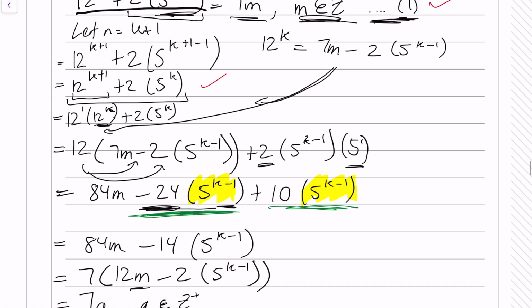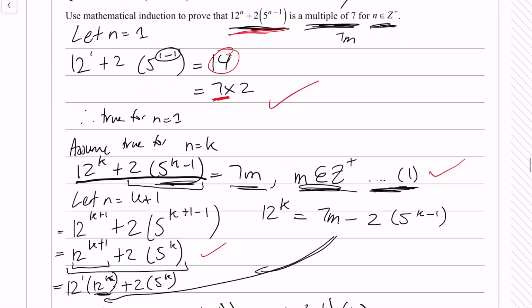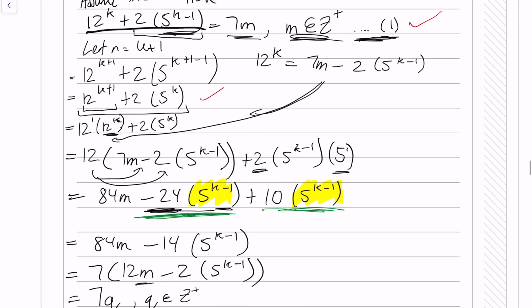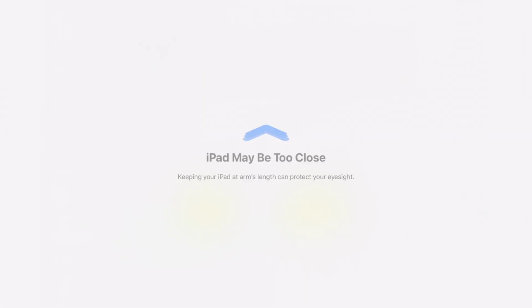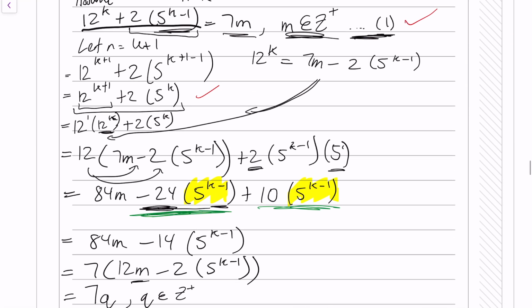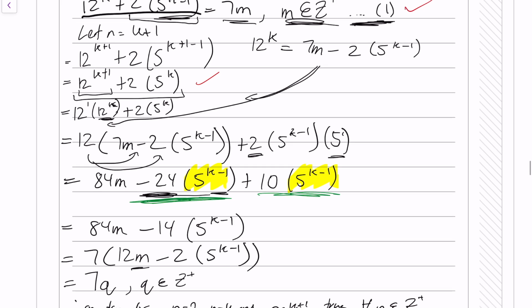Right. So the half of the marks, so my 4th, 5th, and 6th mark, respectively, would come from uses the assumption. So basically substituting equation 1 into my inductive step, which would be this step right here. So that's a tick.